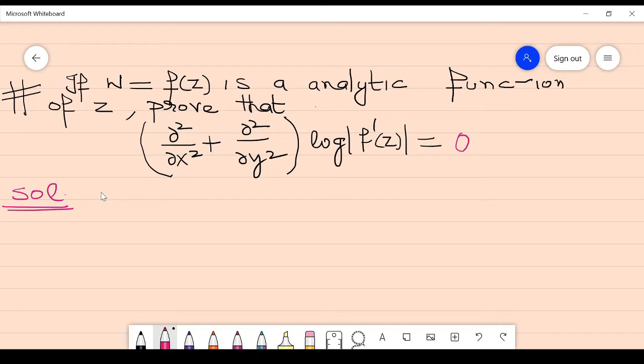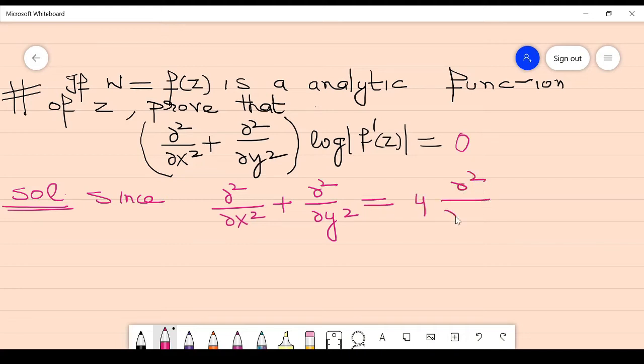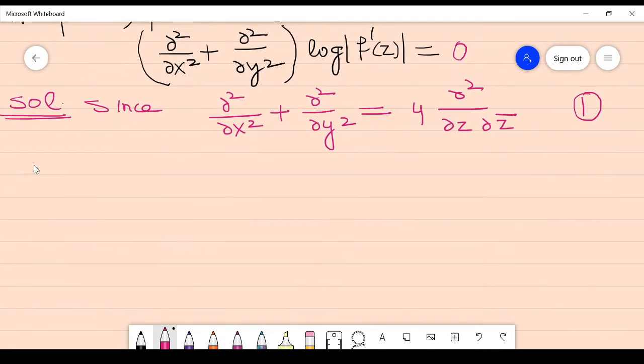Now we already know that, by previous example, ∂²/∂x² plus ∂²/∂y², which is equal to 4 ∂²/∂z∂z conjugate, so which is equation number 1. From this we prove that the left hand side is equal to right hand side.